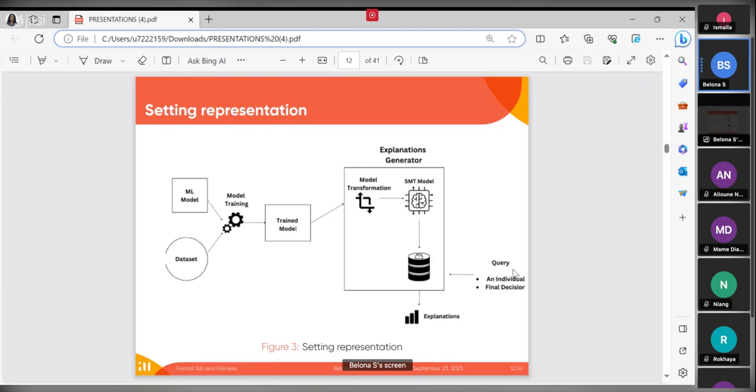And then we use a query, which is made of an individual and their final decision, to get the explanation of their decision. I hope later you will understand better what a query is. So basically, in simple words, we have our trained model, we transform it into a logic formula, and then it's easy for us to ask questions to the logic formula and get explanations from there. That's why we call formal explanation a post hoc explanation, because it's made after the model is trained.